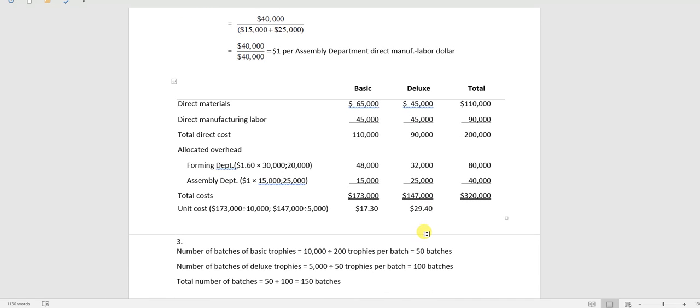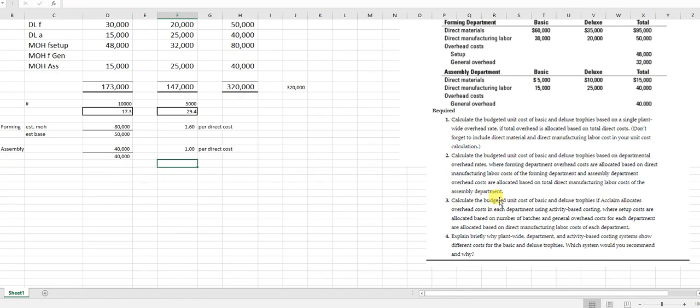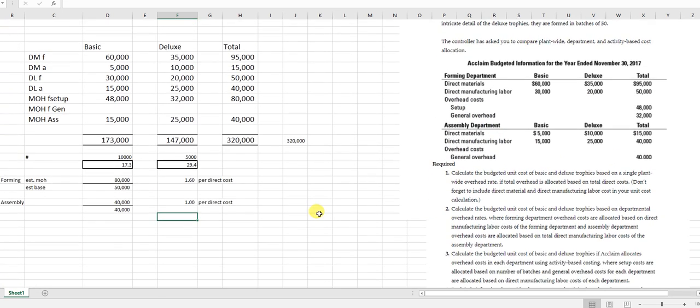Okay. In number 3, we're going to go to, let's read it. Calculate the budgeted unit cost of basic and deluxe trophies if they allocate overhead in each department using activity-based costing, where setup costs are allocated based on the number of batches. Okay, so now I'm going to have 3.